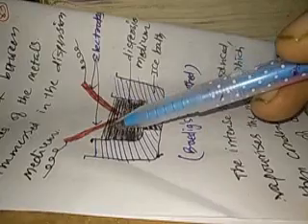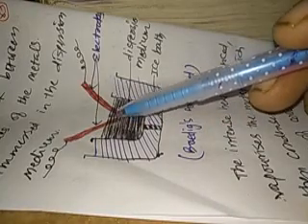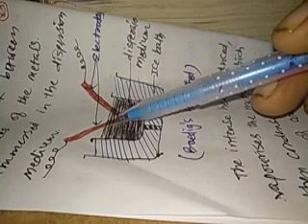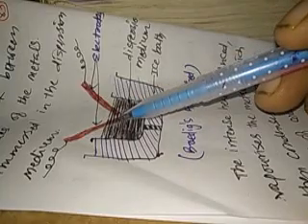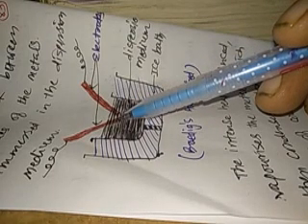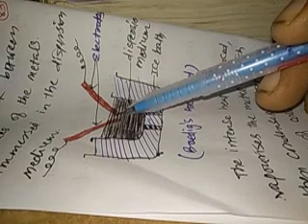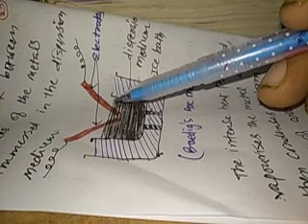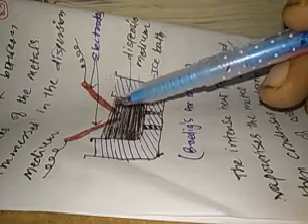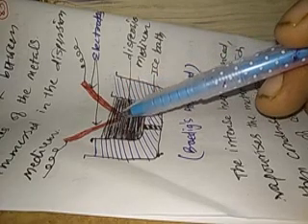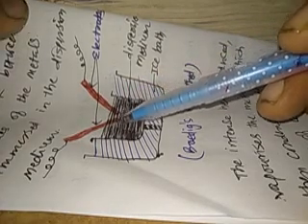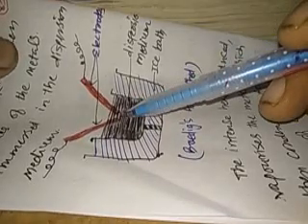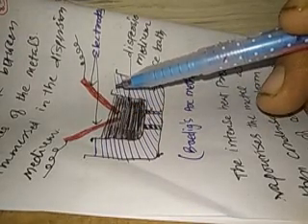Now when we pass the electricity and bring these electrodes near to each other, an electric arc is produced between these two electrodes, and due to this, an immense amount of energy is produced. This energy turns the metal into vapor, and when it is turned into vapor, it goes inside the dispersion medium.